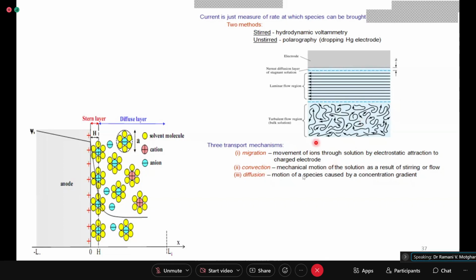And convection is the movement of ions due to the stirring action if you are stirring the solution. But it is seen that this layer, the Nernst diffusion layer of stagnant solution in the angstrom range, is almost stagnant even if you stir, unless the ions are diffusing through it.